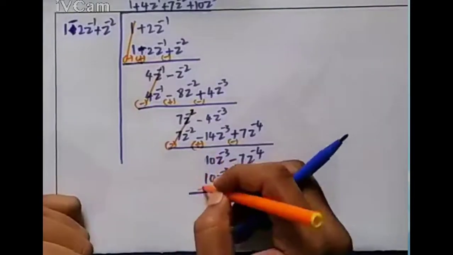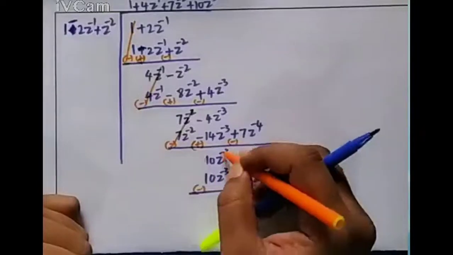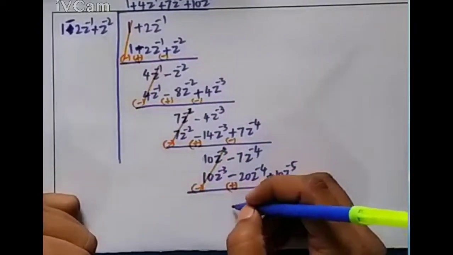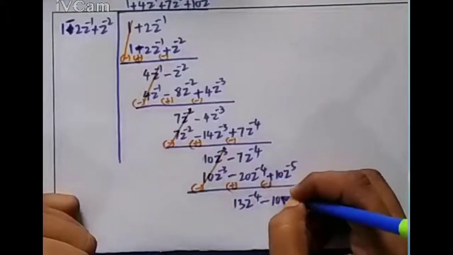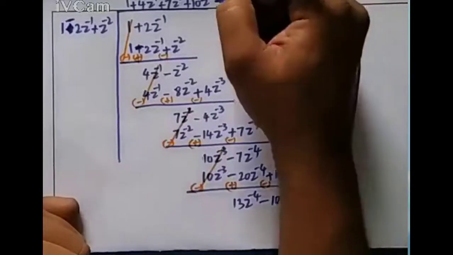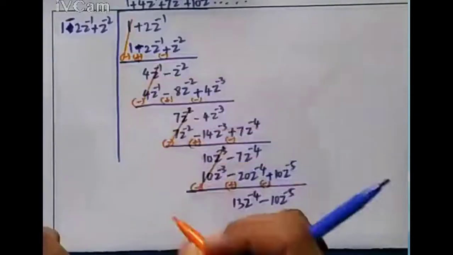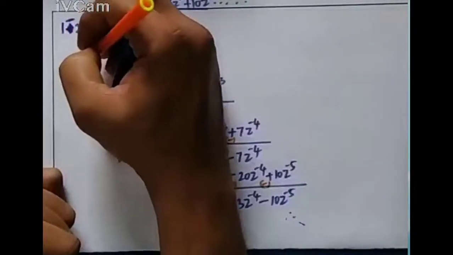So this is minus, plus and minus, these two will get cancelled, and I will have here 13z^-4 minus 10z^-5. So I will stop here. This will continue, these terms will get continued. So based on this division, this is for the causal. I will highlight here, this is for the causal.